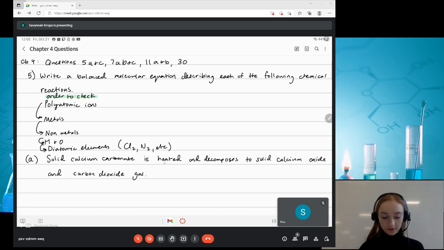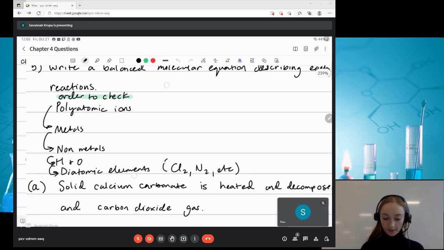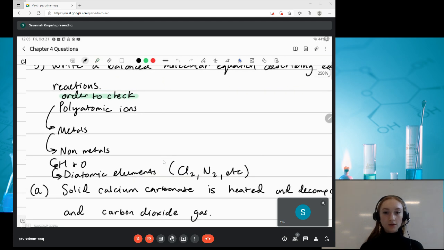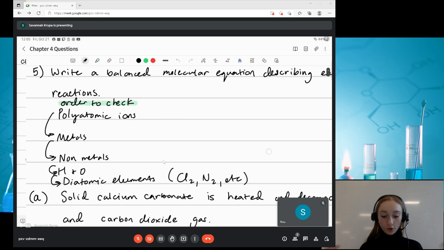Before we get into question 5a, actually, it's important to check in this order. If you can see right here, I already wrote this down. When you are checking balanced equations, or when you are making a molecular equation balanced, you want to check these in order.